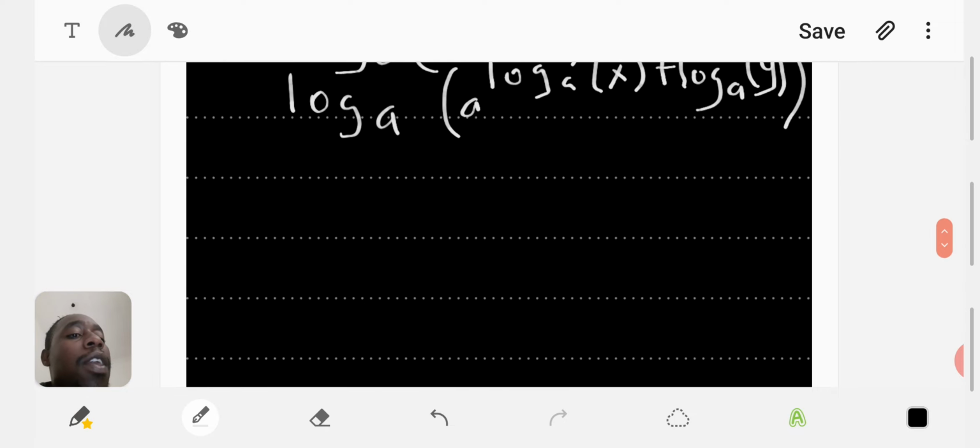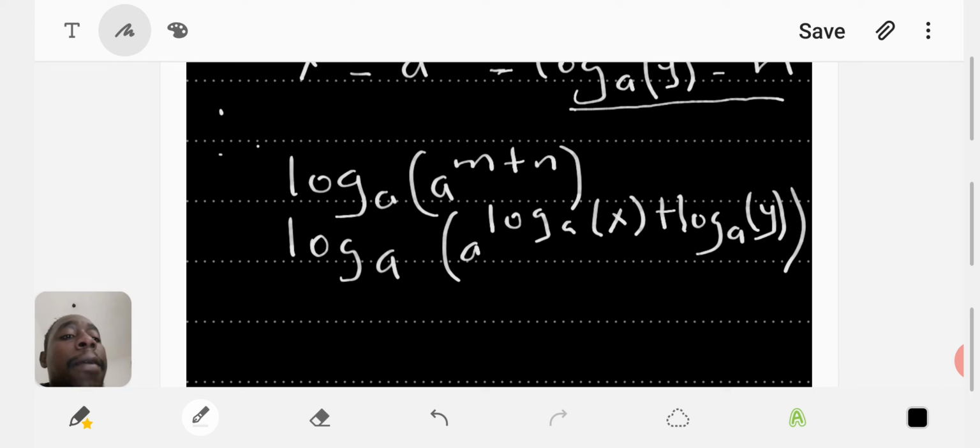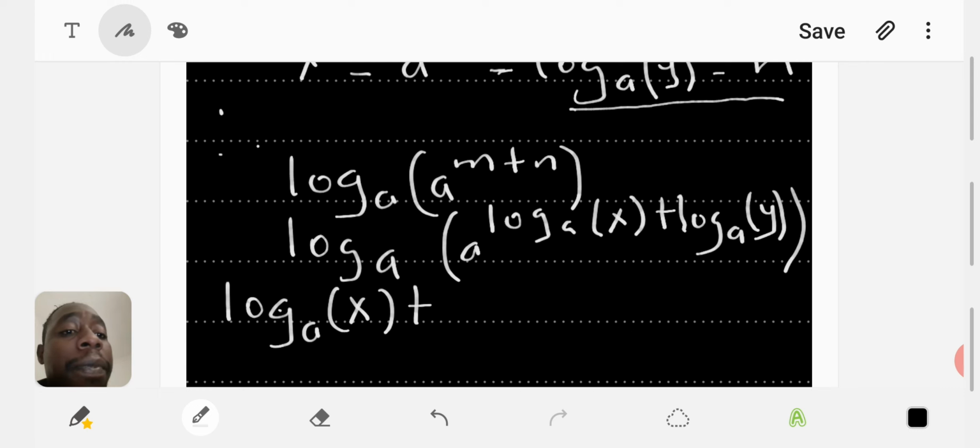So if we come back here, we're going to apply law number 5. Here is our power. It's raised to the power of, we're going to make it the coefficient, which is log to the base of a of x plus log to the base of a of y.